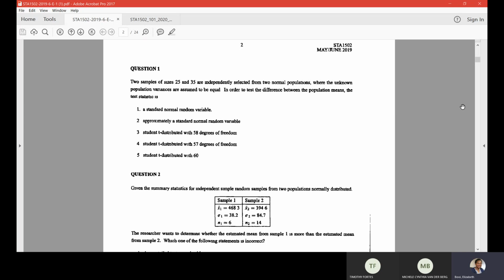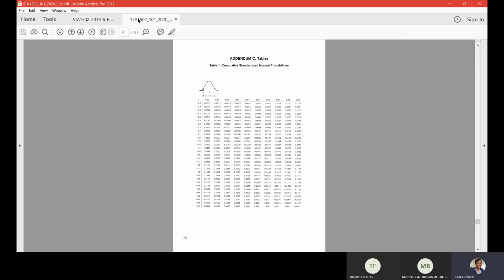You can also have your tutorial letter 101 open close by, so that you can always use it for tables.